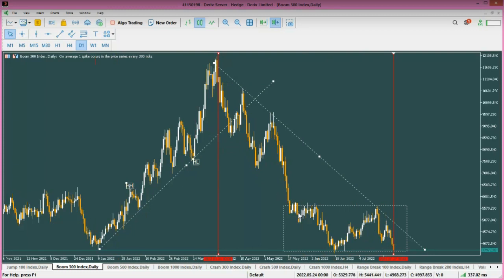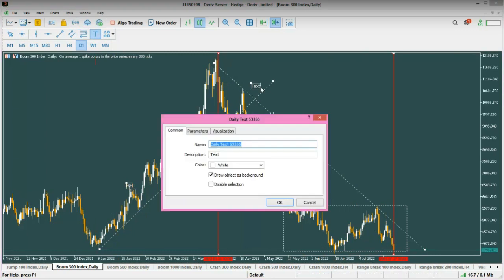So with that being said, in a downtrending market we have lower highs and lower lows. Let me write it and put it somewhere there. Lower high, yes, no capital.